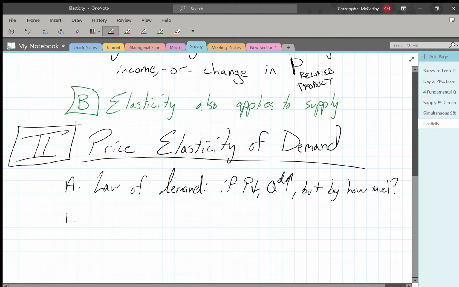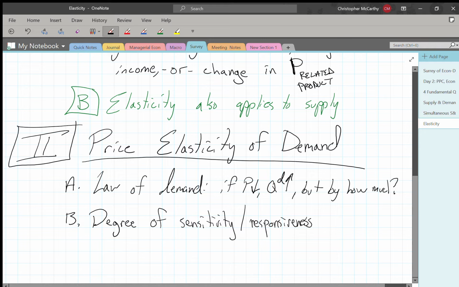So the degree of the sensitivity or responsiveness is measured by this thing, the elasticity of demand.